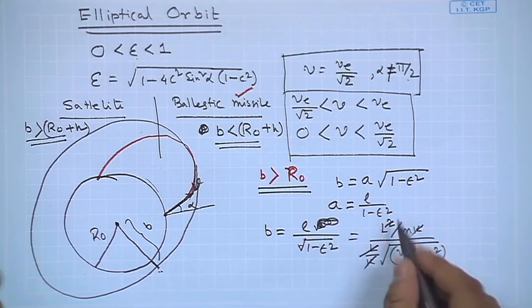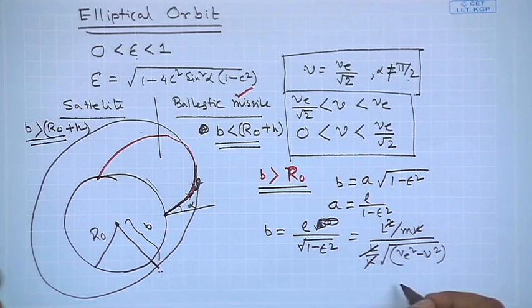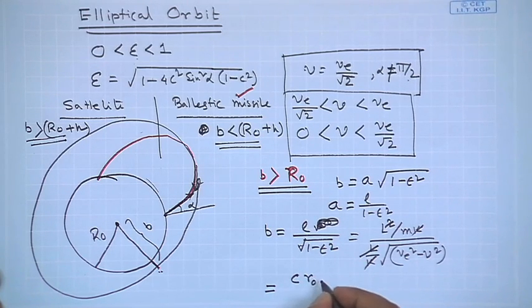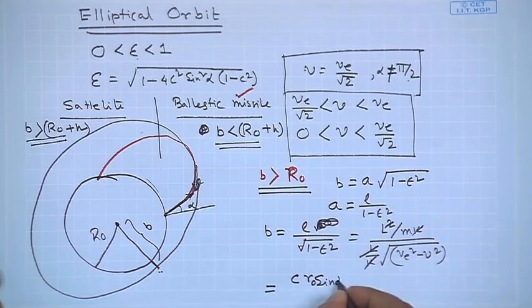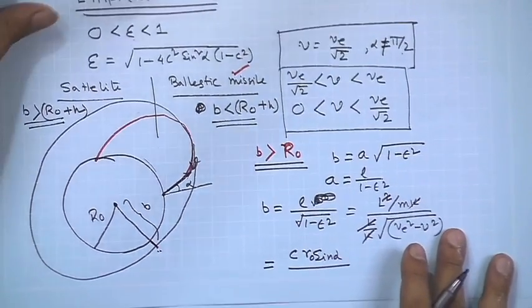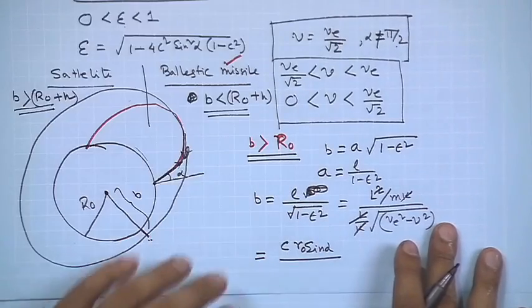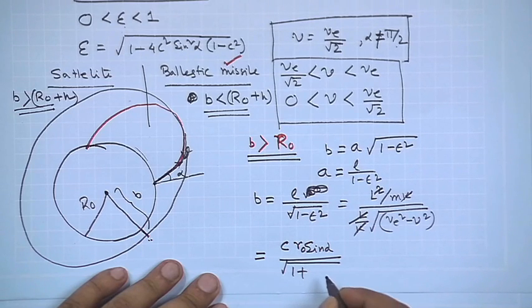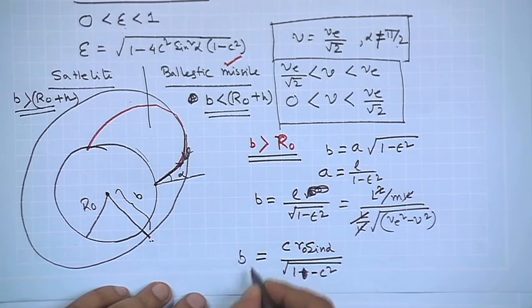So, if we perform all this calculation, essentially we will be left with C r 0 sin alpha into root over 1 minus c square. Okay. So, this is your B.